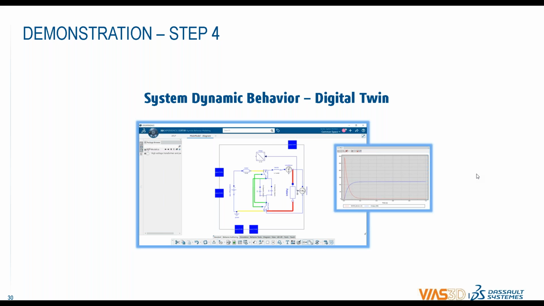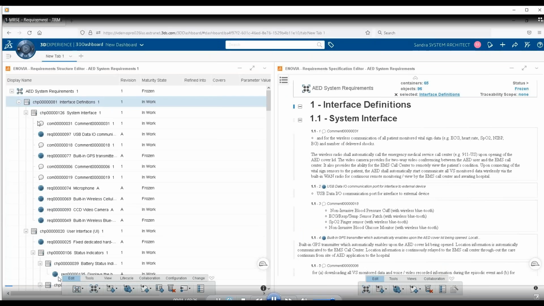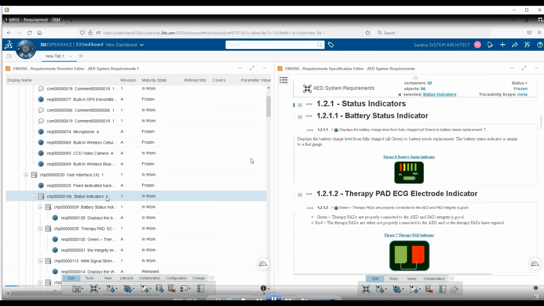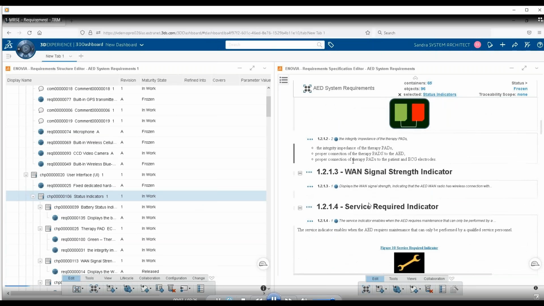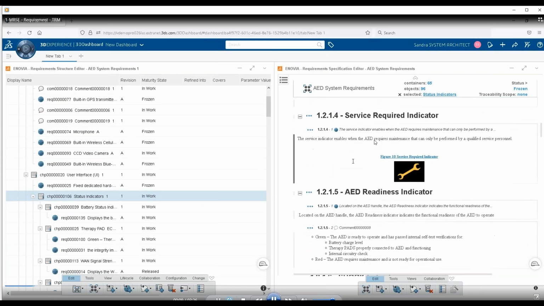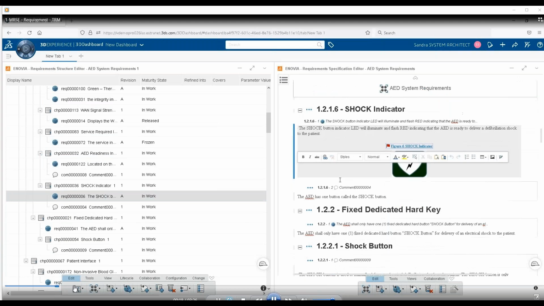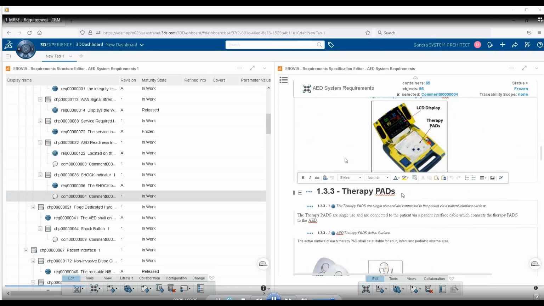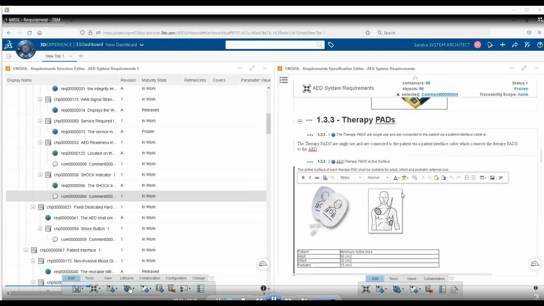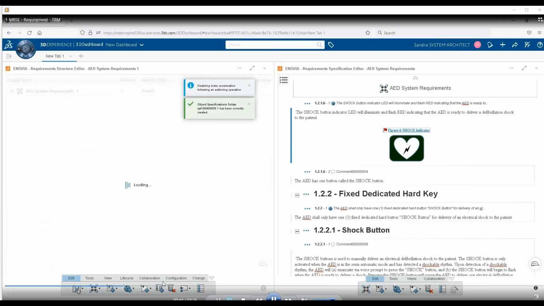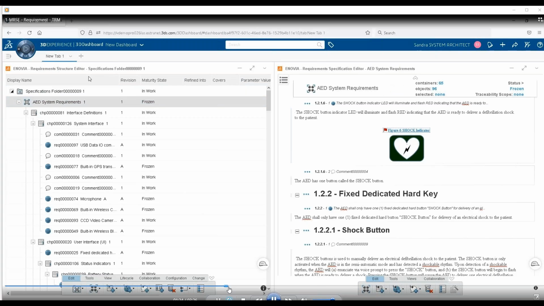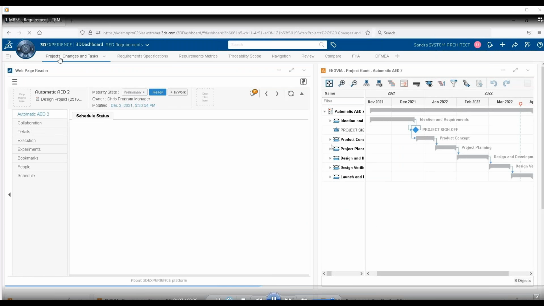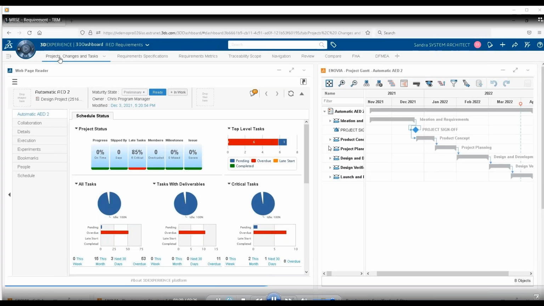Another thing that I wanted to show you is that you can take your requirements, as I explained to you. These requirements can be monitored. You can go through them in different formats. They can include pictures and more details, and now you can develop your project based on your requirements.